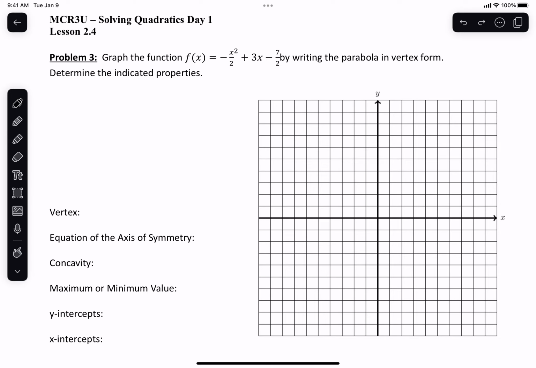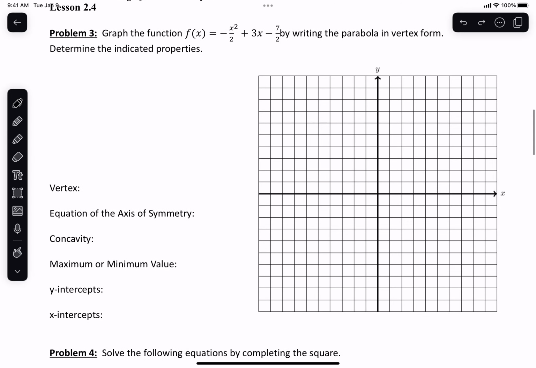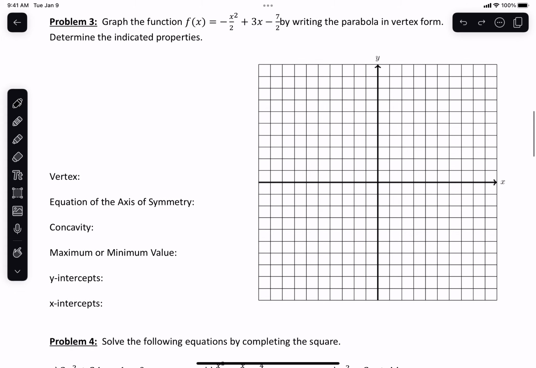Okay, there is one thing that I could probably do right now, right off the bat, as a kind of recap. Standard form is good for one thing, and the one thing that it does very well is it gives you the y-intercept. And so we know the y-intercept is the evaluation of the function when x is equal to 0.